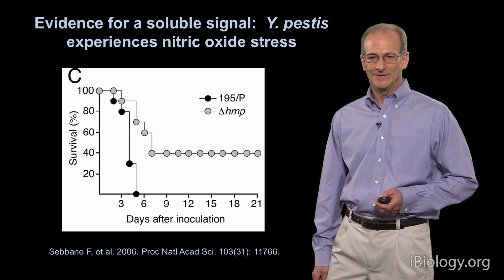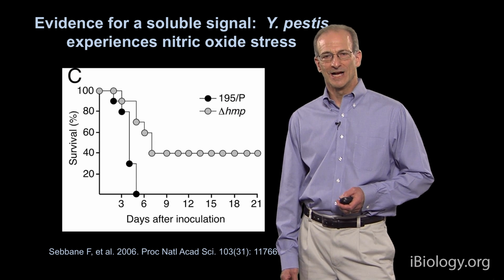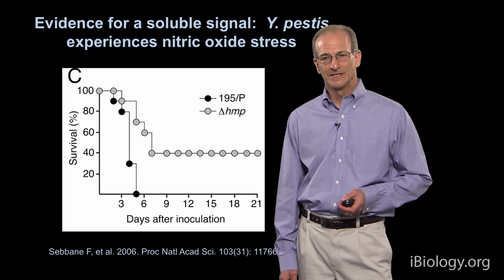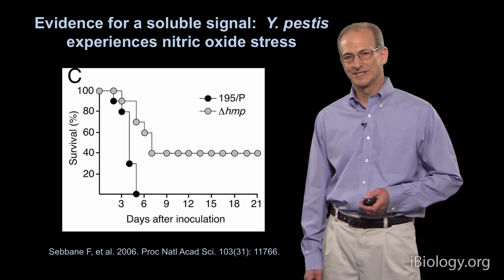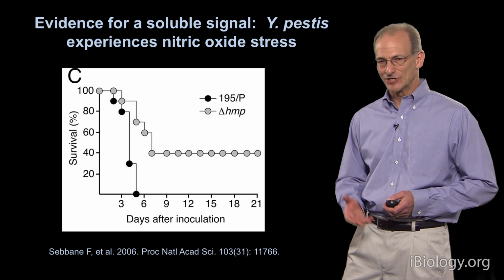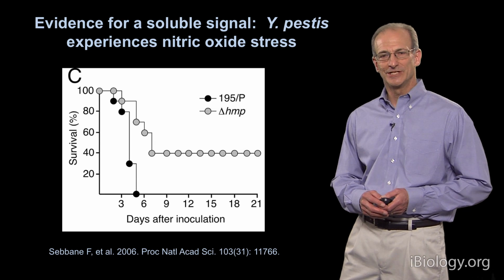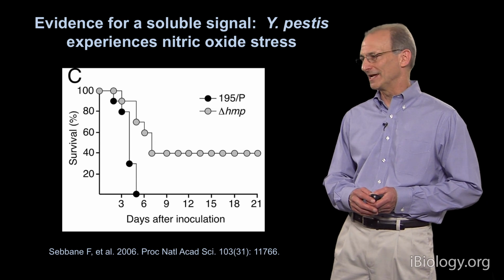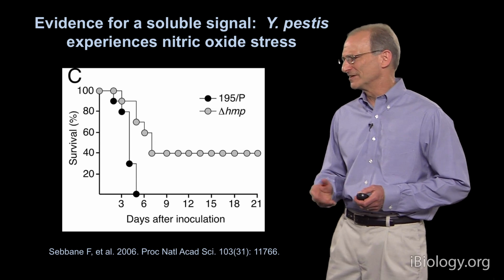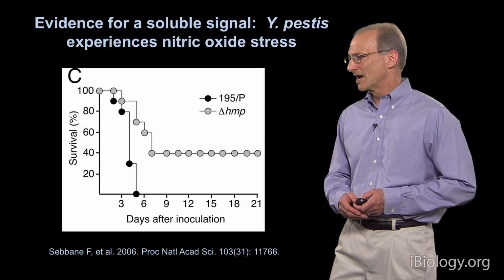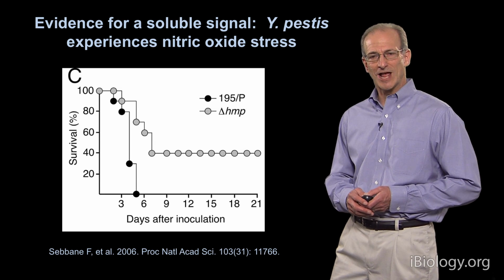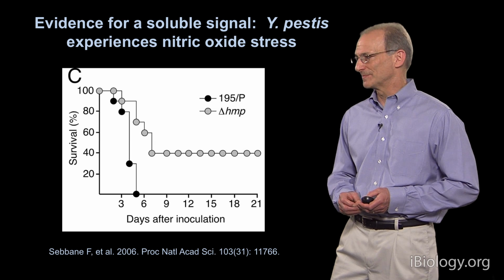So now we believe that Yersinia has to have strategies for dealing with nitric oxide. And the reason for believing this is that the very closely related, shockingly closely related organism, Yersinia pestis, which causes bubonic plague, a disease that's very different from Yersinia pseudotuberculosis, appears to require strategies for dealing with the nitric oxide response.